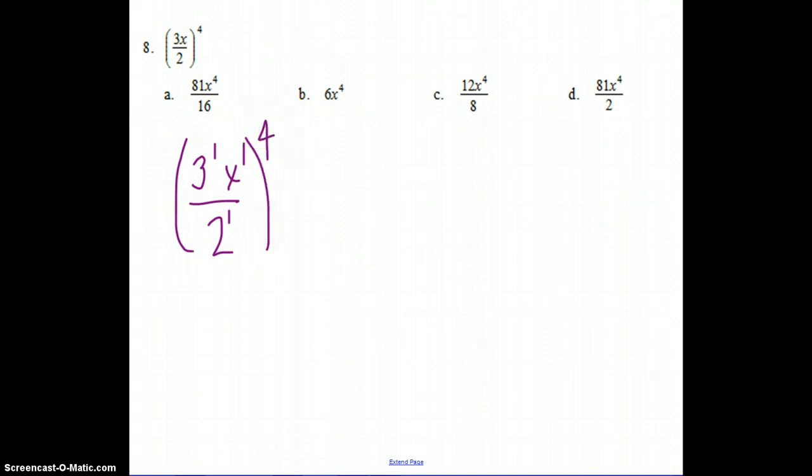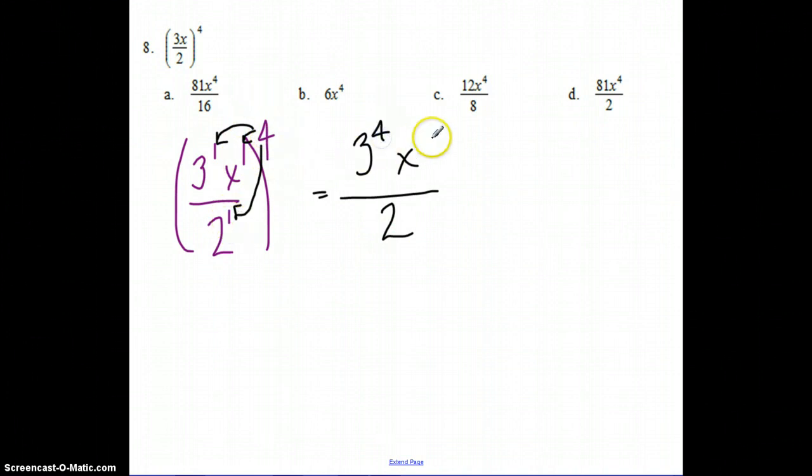Now this is one of those problems where you do need to remember that we need to distribute the exponent of 4 to all of those. So my bases would be 3 and x and 2, at least to start with. And since they all had an exponent of 1, if I distribute this 4 to all of these, they're all going to have exponents of 4 then. So I'm going to go through and put my exponents of 4 in.